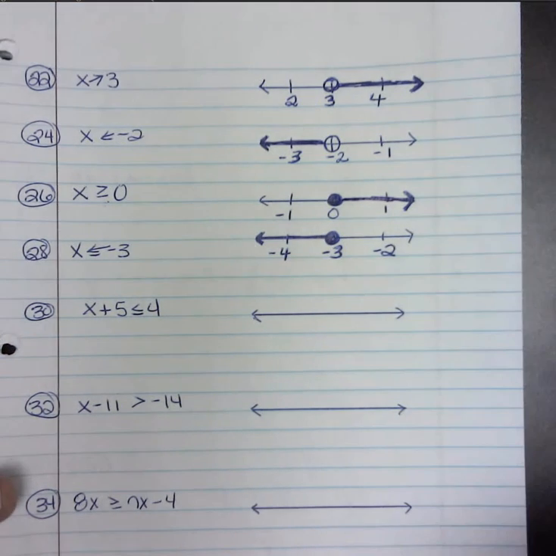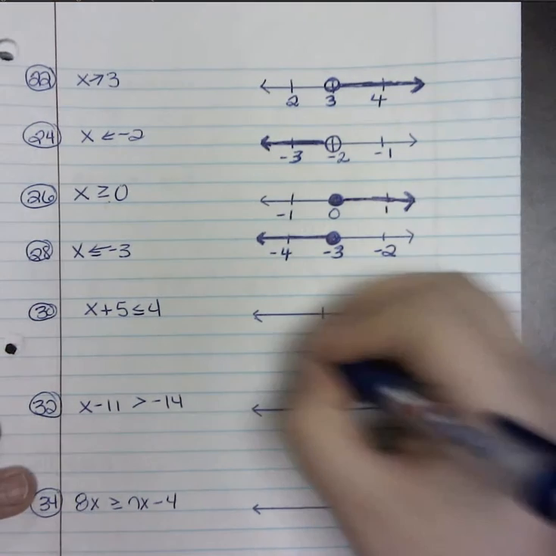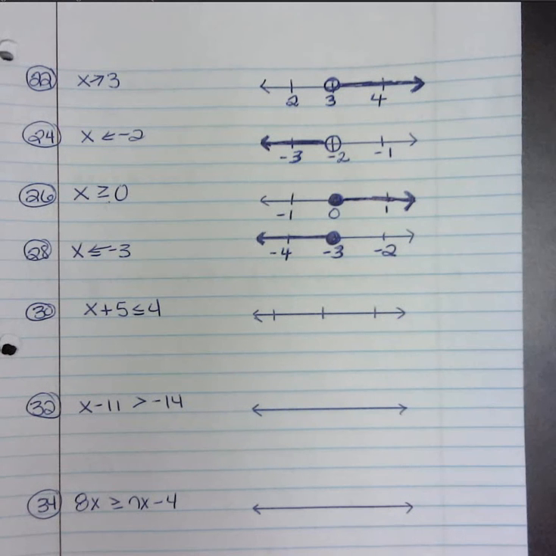All right, so on number 30 is where they're going to start making us work. On number 30, they give us x plus 5 is less than or equal to 4. The directions tell us to graph the solution set of each inequality. Before you can graph this, you have to have the x by itself. So what is in the way of x being by itself is that 5.